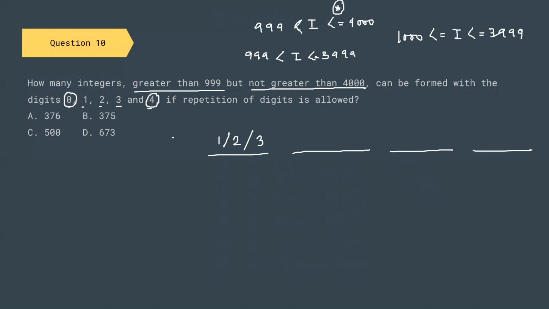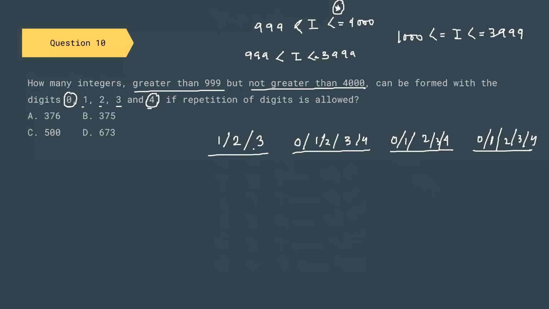To get this range, the first place can be filled with 1, 2 and 3. The second place can be filled with 0, 1, 2, 3, 4. The third place can be filled with 0, 1, 2, 3, 4. And the fourth place can be filled with 0, 1, 2, 3, and 4.